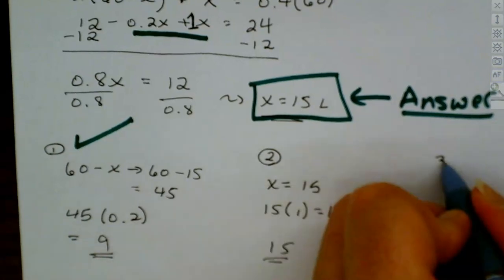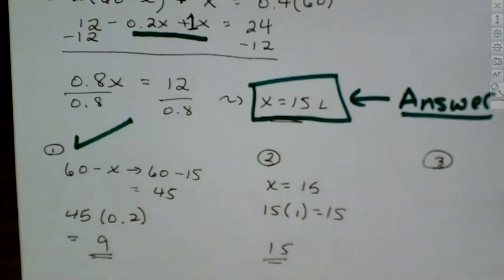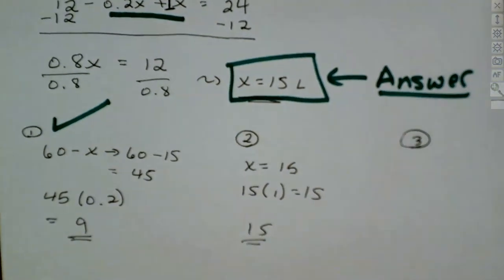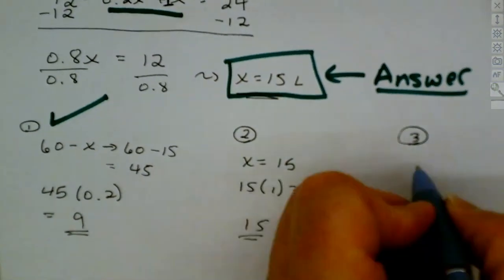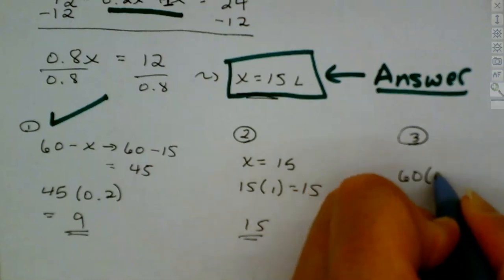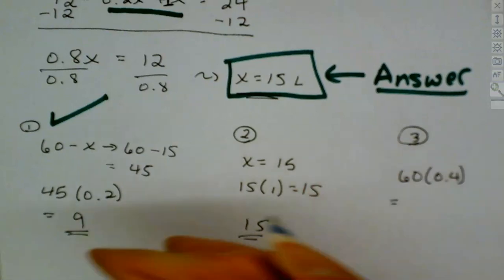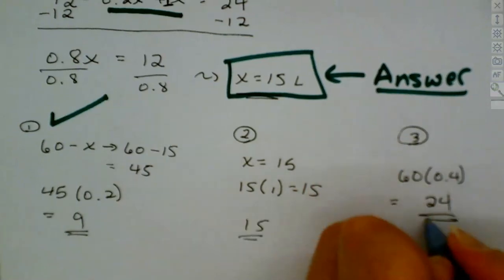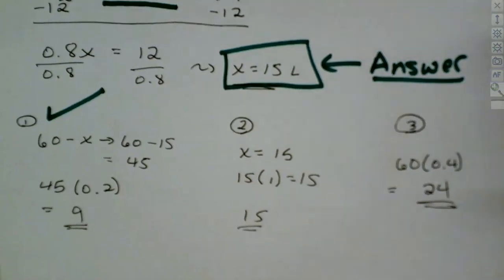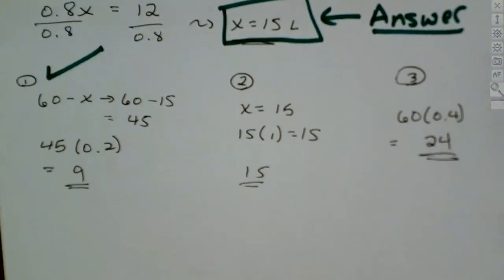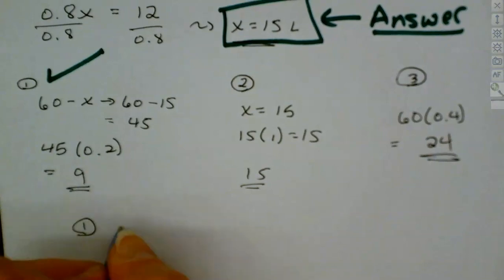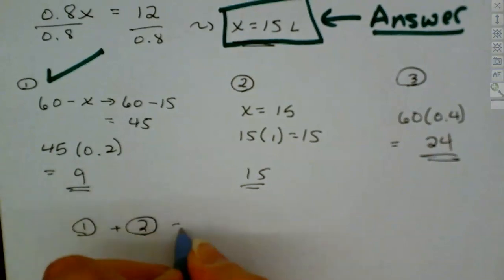What about the other side? What is it? Okay, the other one is 60 times 0.4, and that comes out to be 24, doesn't it? Now, how can we check to make sure it's right? 1 plus 2 should equal 3.